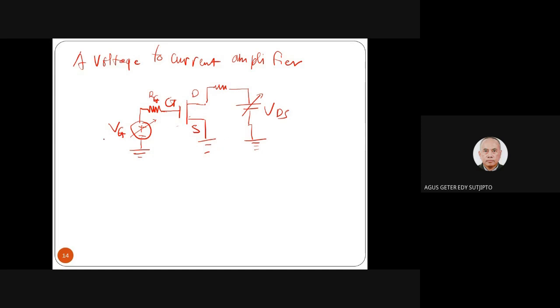So when we apply voltage, we will create the threshold voltage. Am I right? The threshold voltage will allow the current to flow. This is ID. So this voltage will control this current.